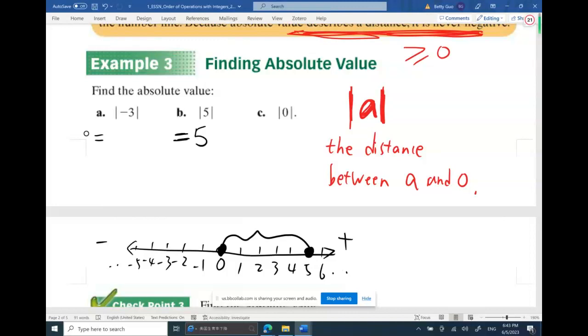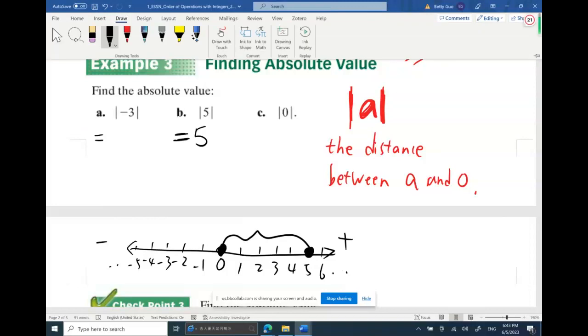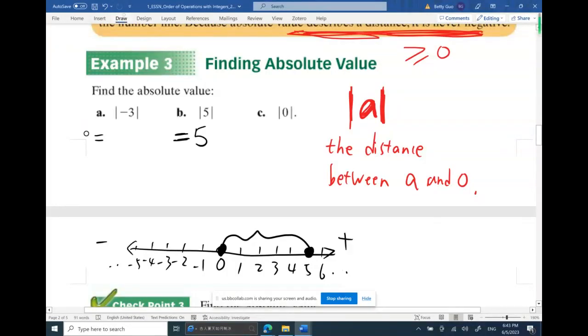Let's look at part A. We are looking for the absolute value of -3. Let me change the color of the pen. Where is -3? -3 is right here, 3 units to the left of the origin. The origin is here. By the definition, the absolute value of -3 is the distance between the number and 0.